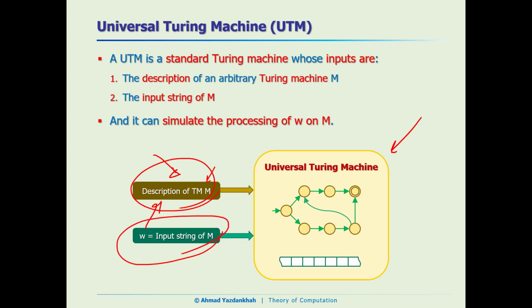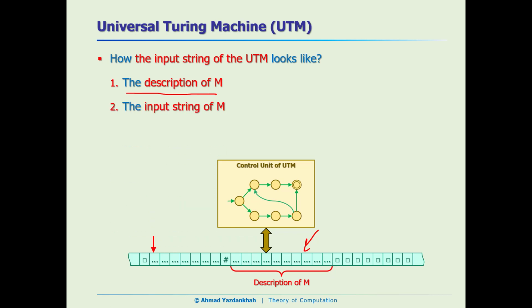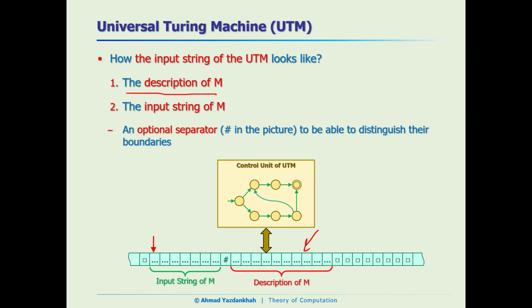If we want to be even more specific, here is how the tape of the UTM looks. We have the description of a Turing machine here. That is a string. Of course, it should be a string. And we have the input string of this Turing machine, which of course is a string as well.